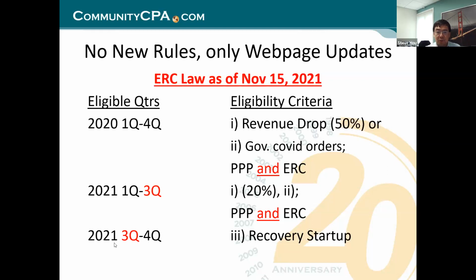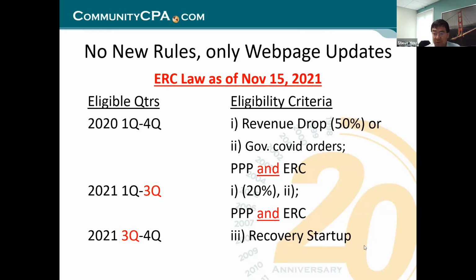So the third quarter of 2021 can be claimed in 2 different ways: either qualifying under criteria 1 or 2, or claimed as a recovery startup business. And that's marked red for that reason. Because in that third quarter, you can use the third criteria there.